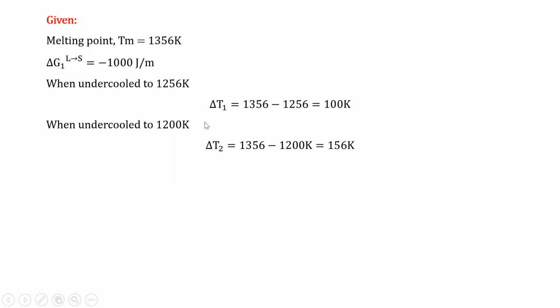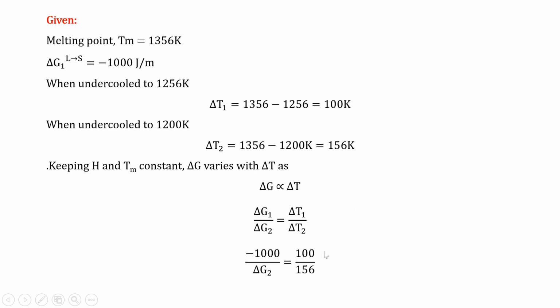Now we have delta T1, delta T2, and delta G1, and we have the relation that delta G is directly proportional to delta T. On substituting, minus 1000 by delta G2 is equal to 100 by 156, and finally delta G2 will be minus 1560 joule per mole. Is that clear?